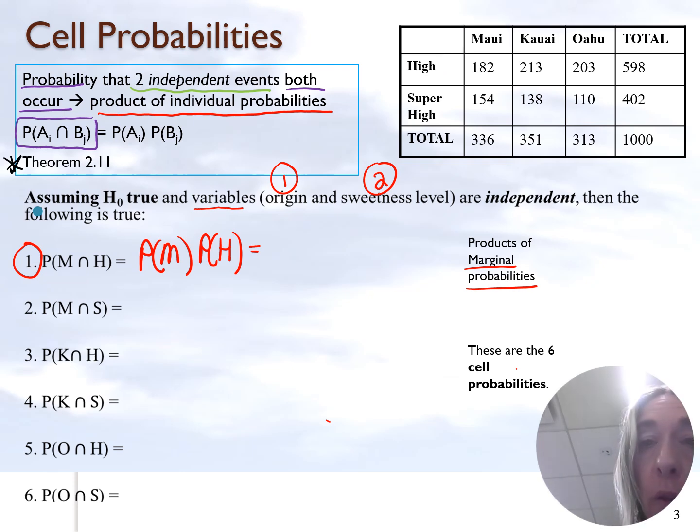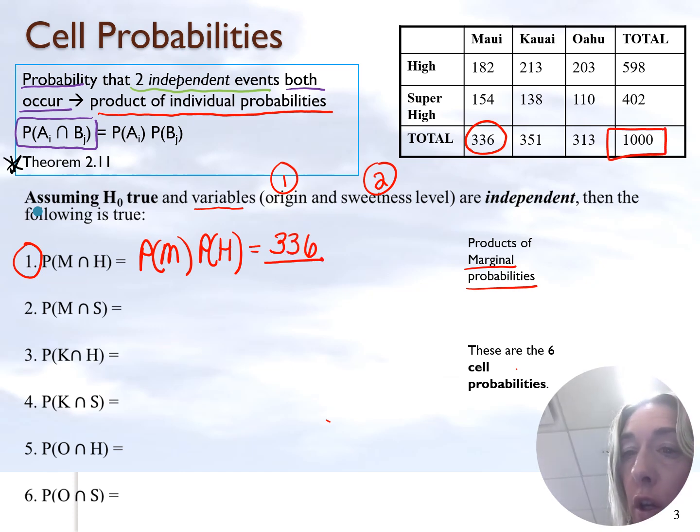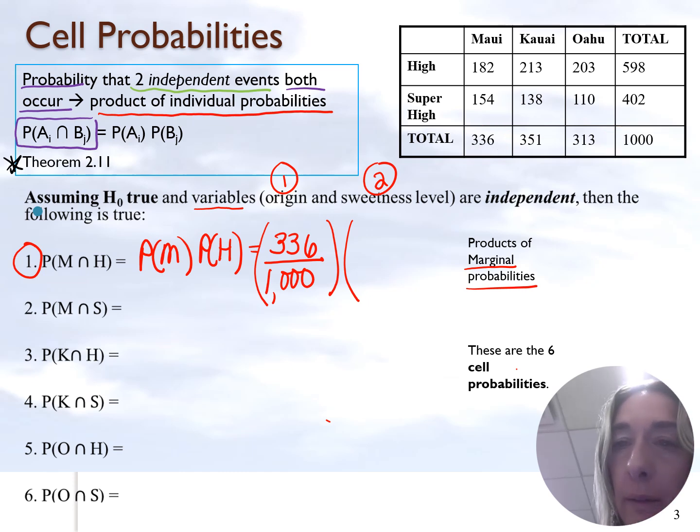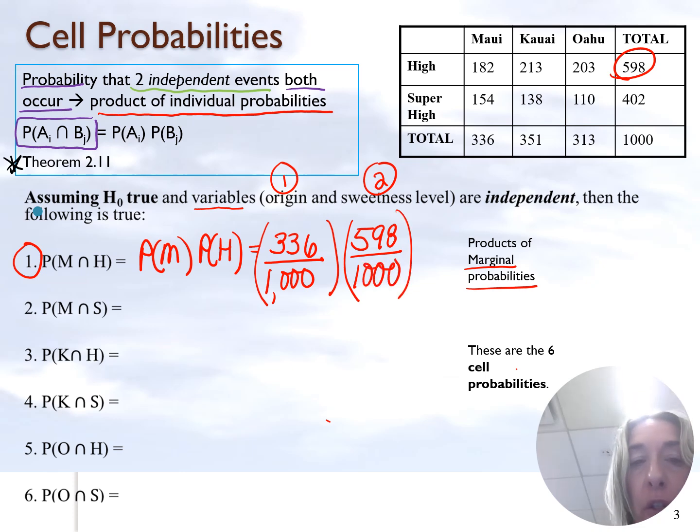So the probability of being from Maui is equal to its marginal total of 336 over 1,000 total data points. The probability of being of a high sweetness rating, we're going to use its marginal total of 598 over 1,000 total observations.